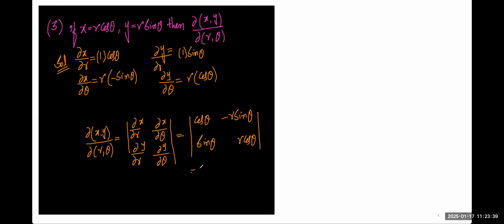AD minus BC: r as it is, cos into cos, cos square theta, minus into minus plus r sin square theta. Now if you take r common, we get cos square theta plus sin square theta, which is equal to 1, of course. So the final answer of this question is r.